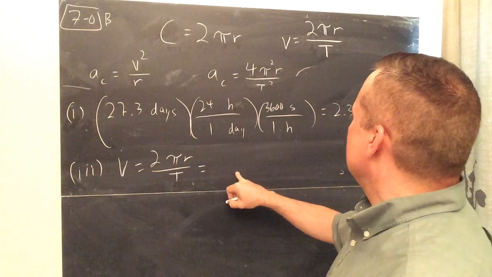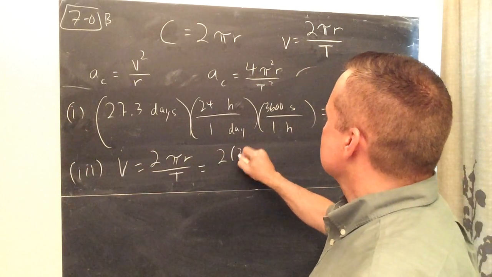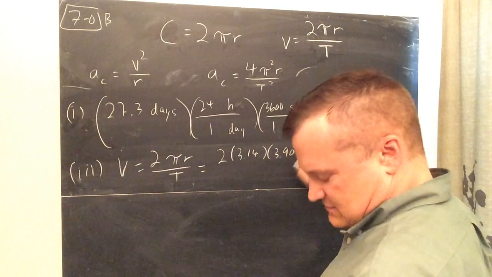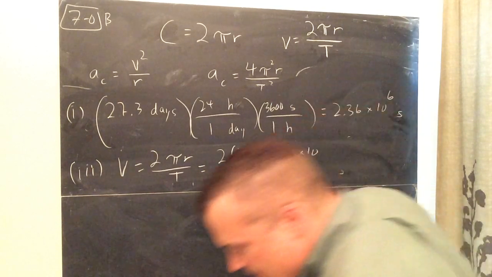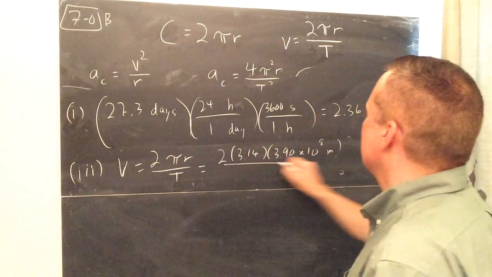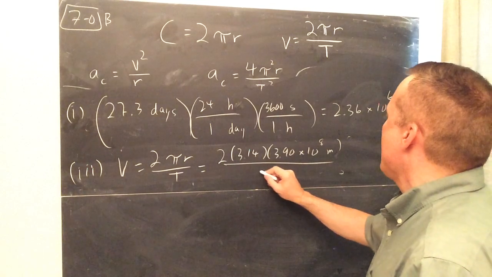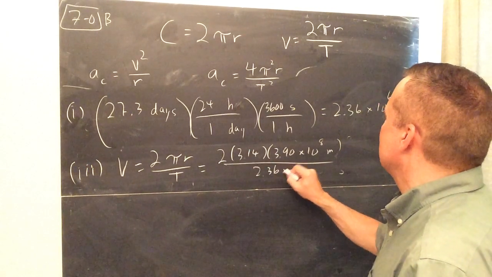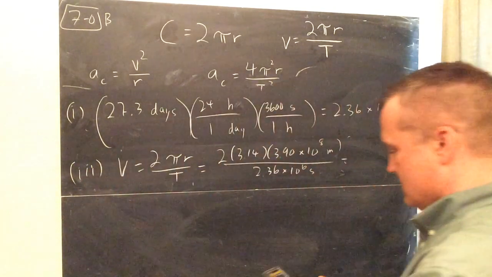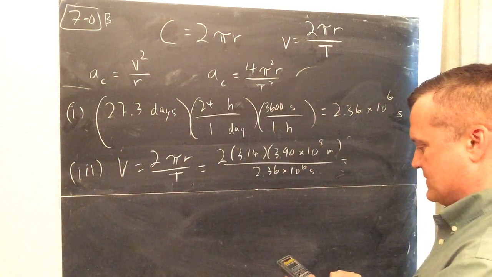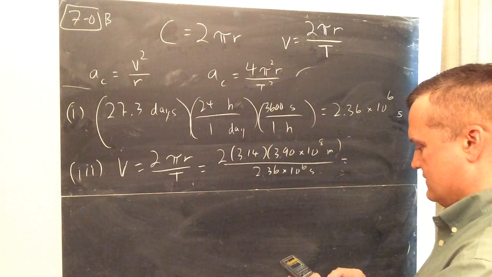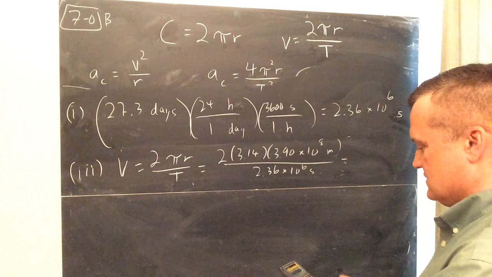So 2 pi r is 2 times 3.14 times that same 3.90 times 10 to the 8th. Make sure I didn't put the wrong number there, okay? And the period now is still the same, 2.36 times 10 to the 6 seconds. And that will give me the velocity: 2 times 3.14 times 3.90 times 10 to the 8th divided by 2.36 times 10 to the 6.